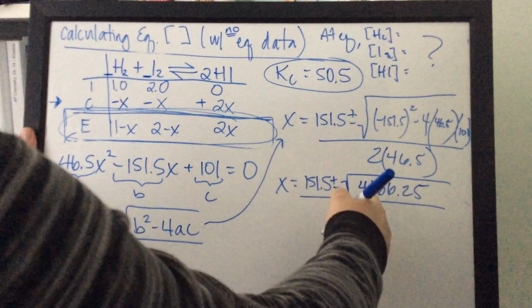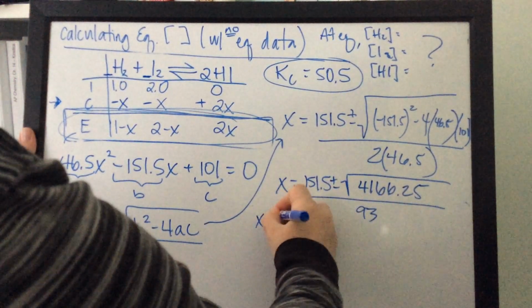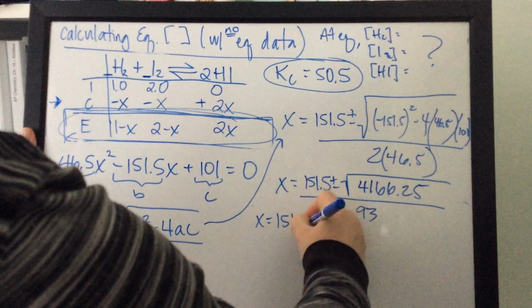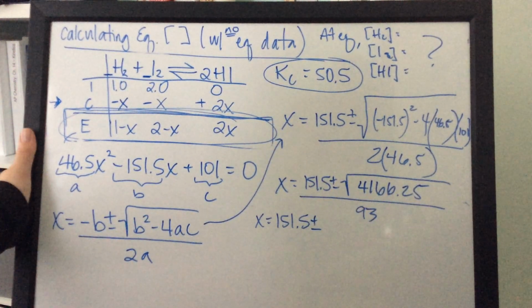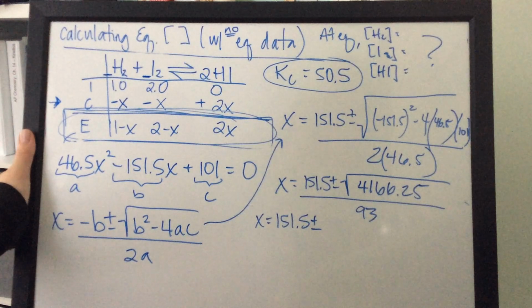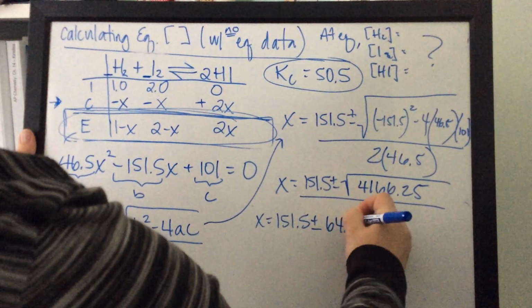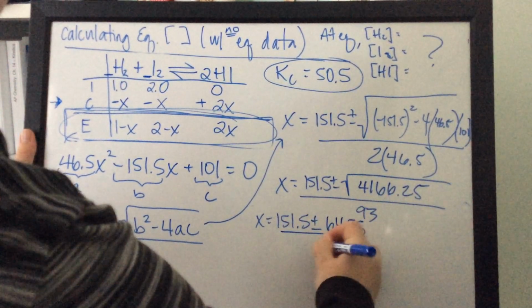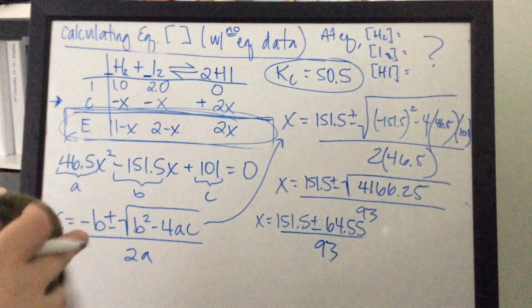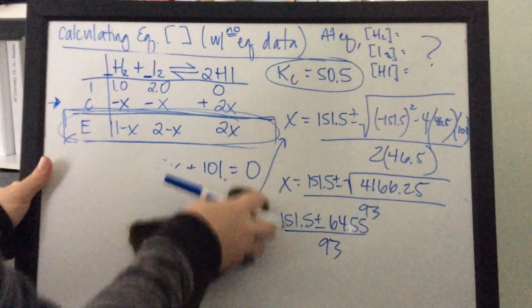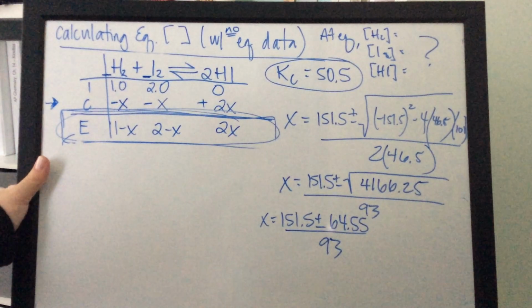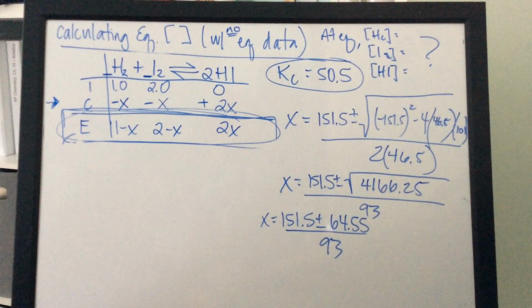Okay, from there I'm going to evaluate the square root. So x equals 151.5 plus or minus, taking the square root of that number gives me a value of 64.55 divided by 93. And now this problem has become much more manageable. But I think most of you know that that plus or minus is going to give me 2 answers, right?